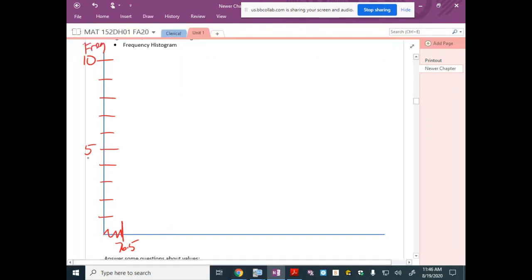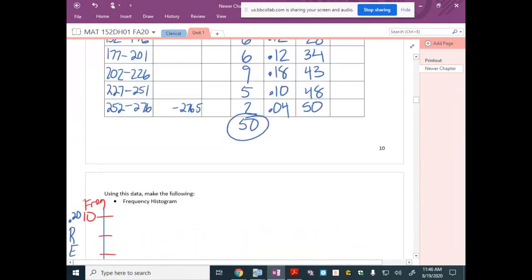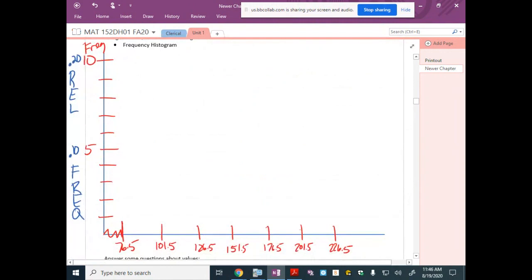Now, to the left, if I do the relative frequencies, they are basically on the same scale. So yeah, 76.5 to 101.5, 126.5, 151.5, 176.5, 201.5, 226.5. Oh, I know how to fix this.